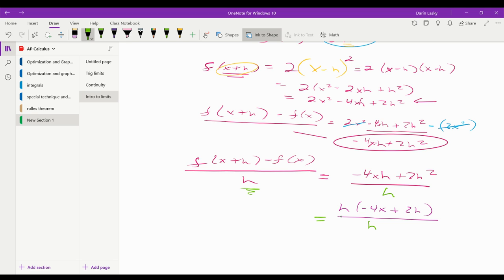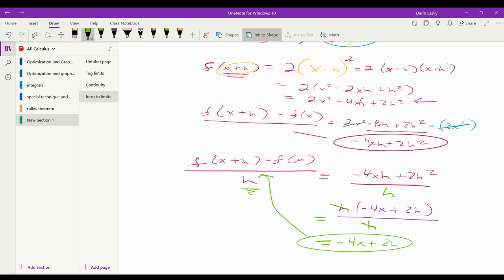So once I get to this piece, it cleans itself up, and I'm left with a beautiful new function, which is negative 4x plus 2h. That is my final piece. So today, all we're doing is we're practicing using the limit formula.